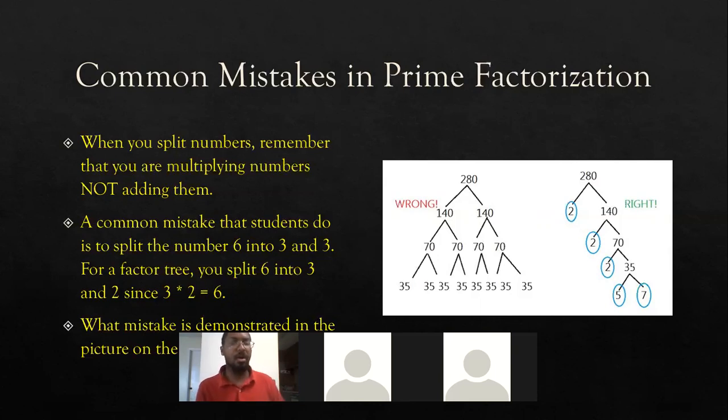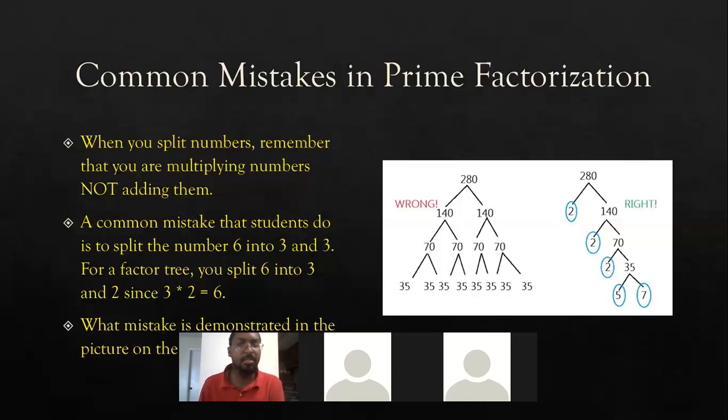When we do what's called a prime factorization, a factor tree, we split them by dividing them. We're dividing numbers, or we're multiplying numbers together to get things, not adding them. So on the left, you see 280 get split into 140 and 140. That's wrong. That's absolutely fundamentally incorrect.